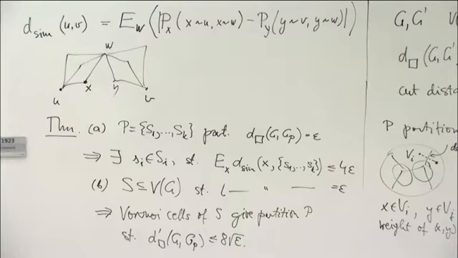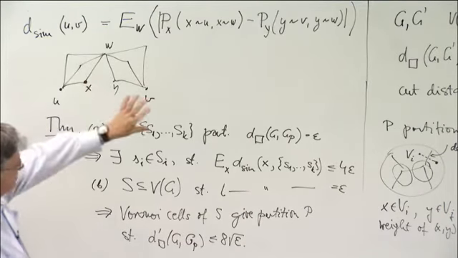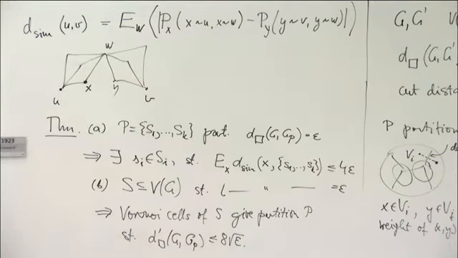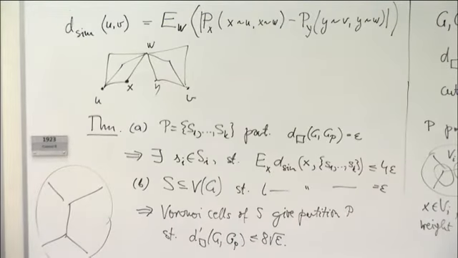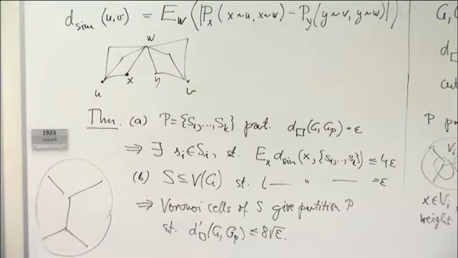So this is the theorem which connects these two things. I won't give you the proof. It's a fair amount of computation with Cauchy-Schwarz inequalities and the like. Let me just try to give you the heuristic for the first implication. Suppose here you have this weak regularity partition.